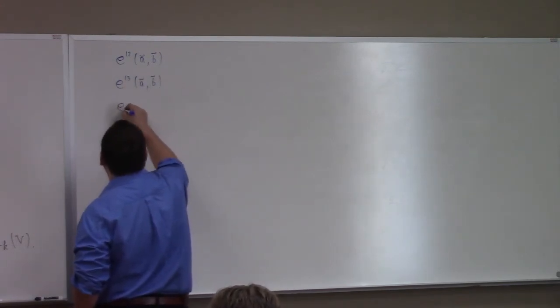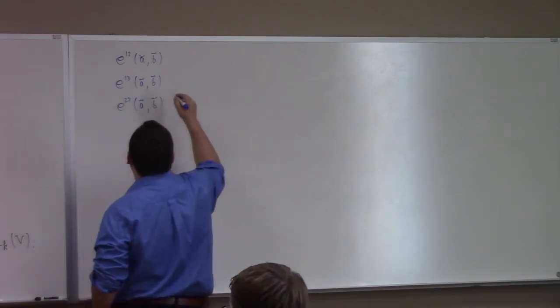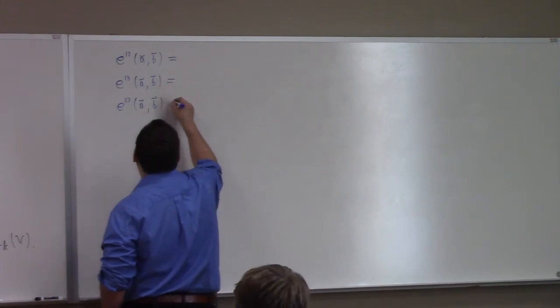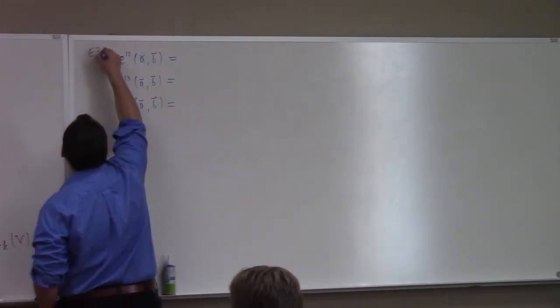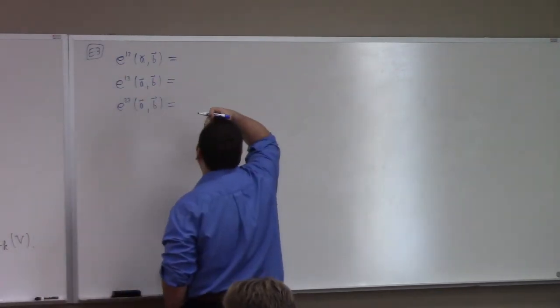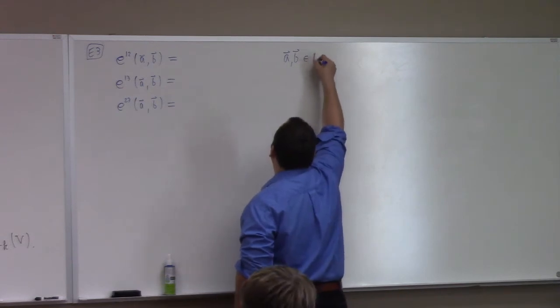We can look at E23 of AB. All right. This is example 3. Now here I'm thinking A and B in R3.